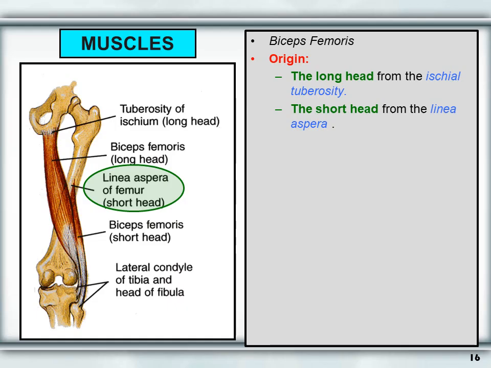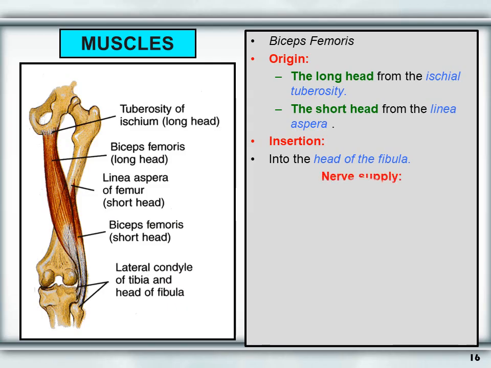The long head originates from the ischial tuberosity, and the short head originates from the linea aspera. Both heads insert into the head of the fibula.